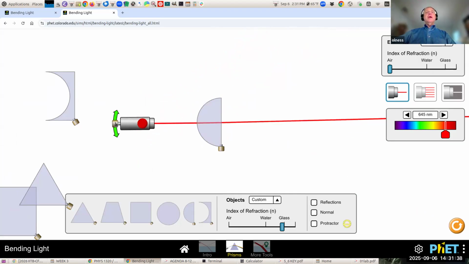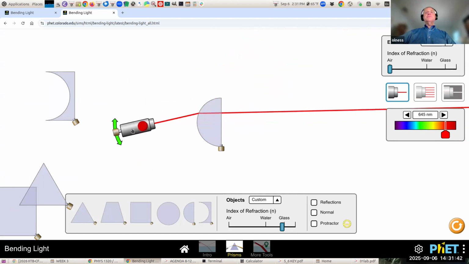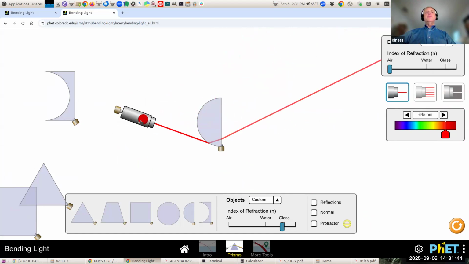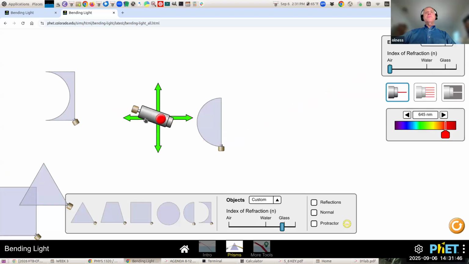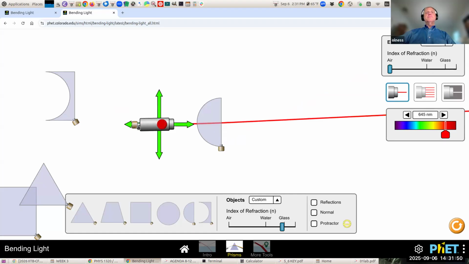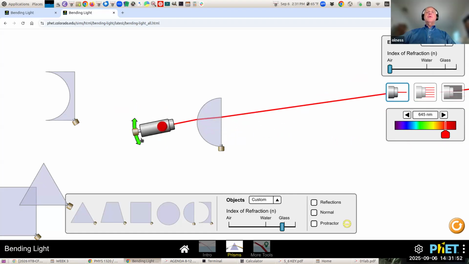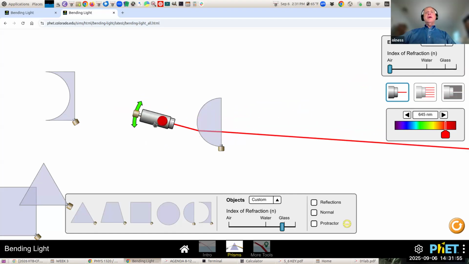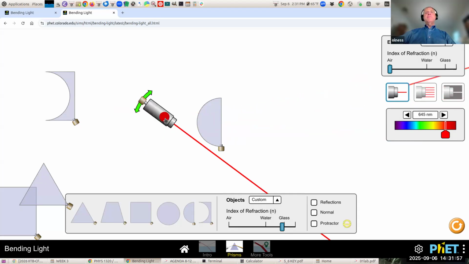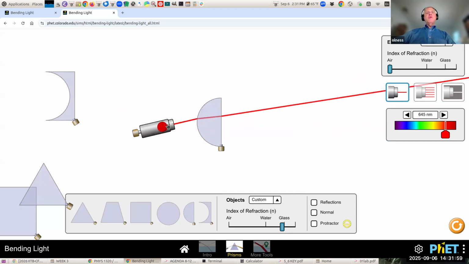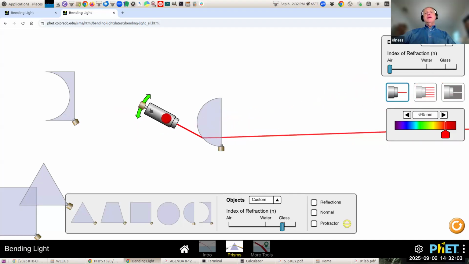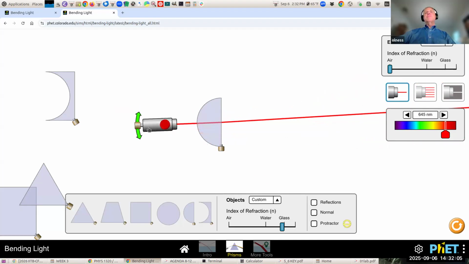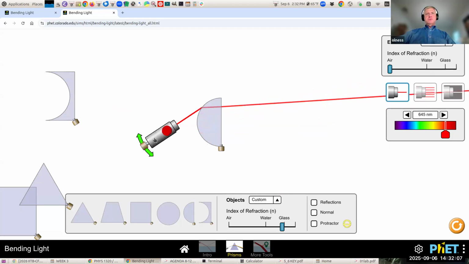Notice as I put this a little closer, as I bend this back and forth, it tends to bend the light.